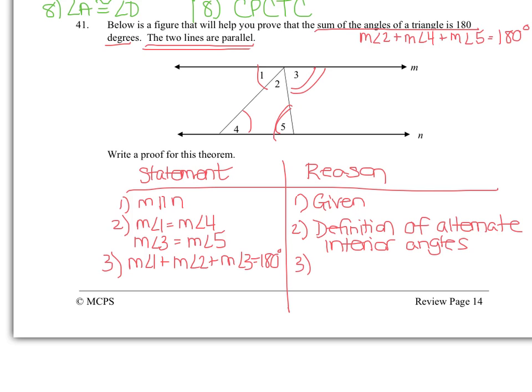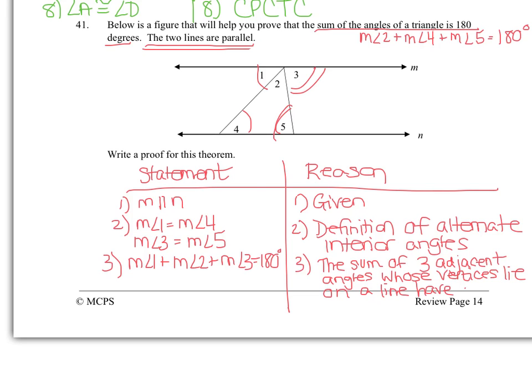And the reason for that is that the sum of, in this case, 3 adjacent angles whose vertices lie on a line have a sum of 180 degrees. So this is just basically saying that the sum of these 3 angles, because it forms a straight line, forms a straight angle, has a sum of 180 degrees.